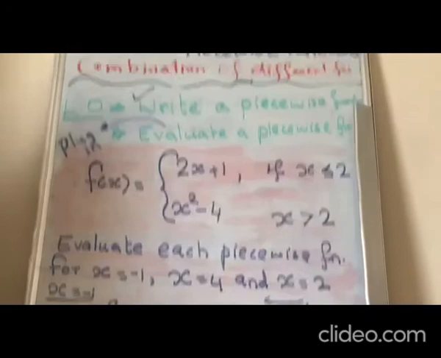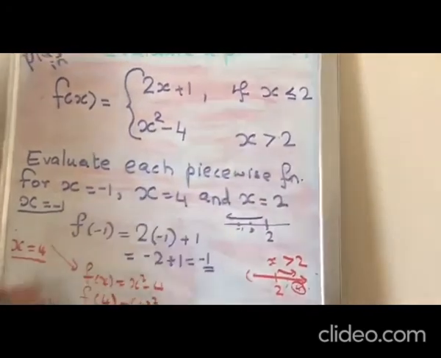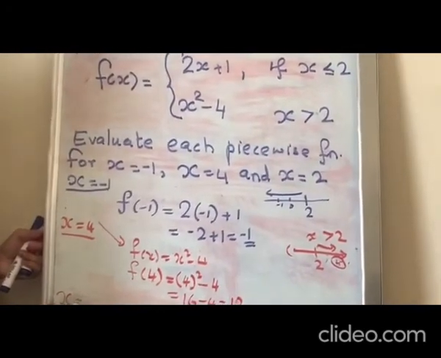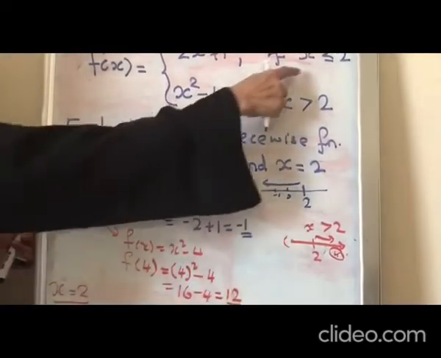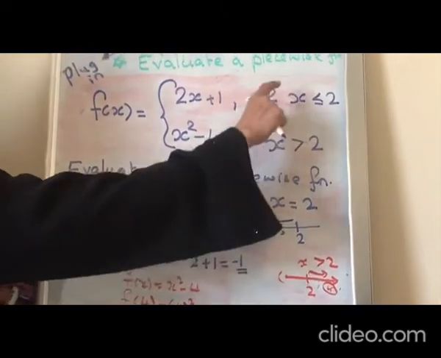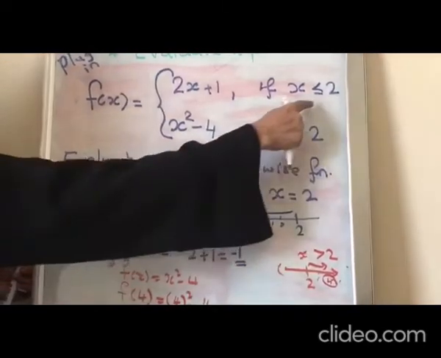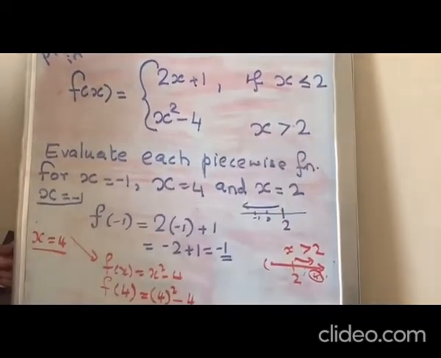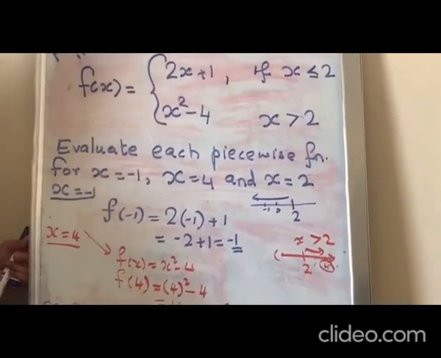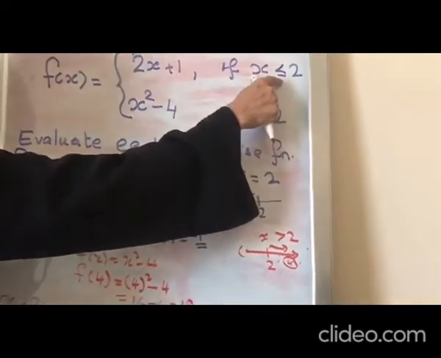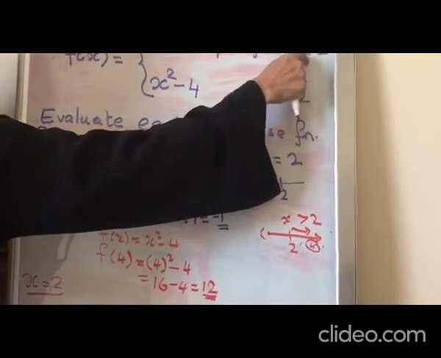Finally, x equal to 2. Where can you find x equal to 2 in the domain? Choose your domain properly. See here and there. Where can I find equal to 2? Important, see? Equal to 2 is here. x is equal to 2.